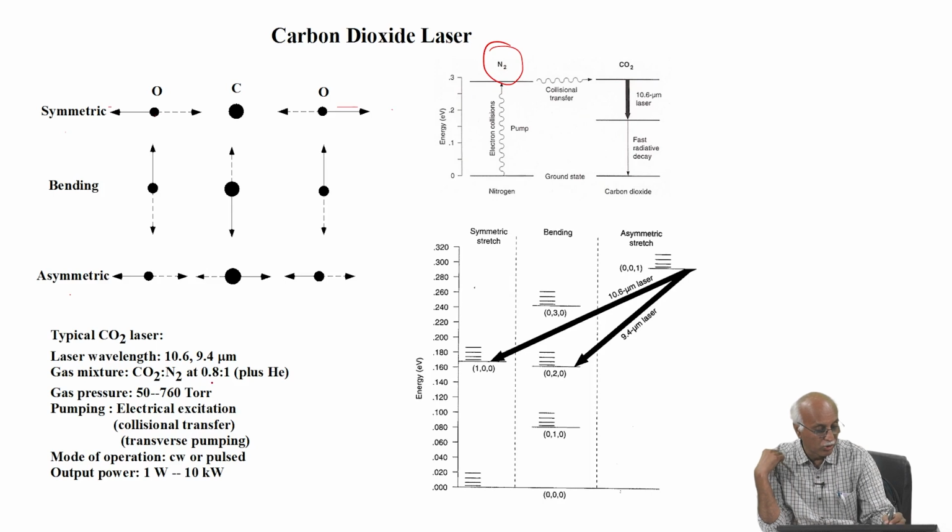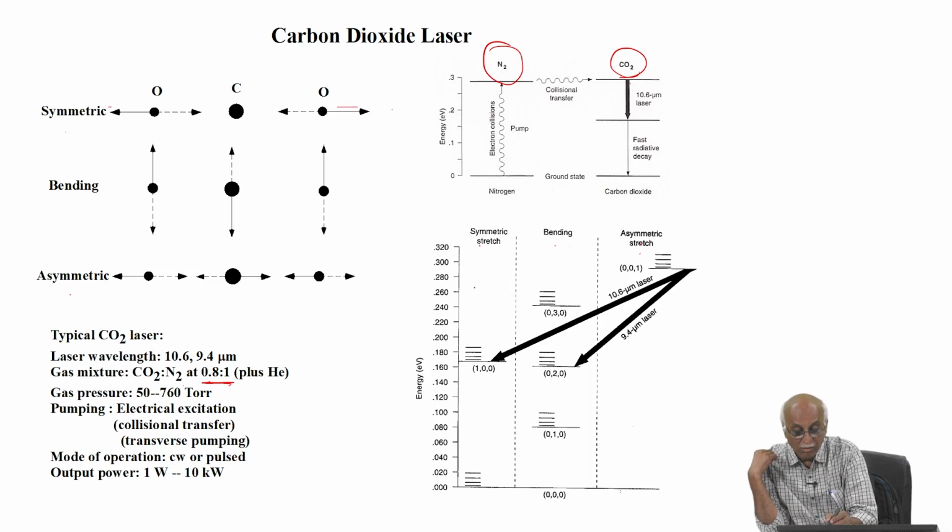The ratio of CO2 to N2 is 0.8 to 1. Now, CO2 gets excited through energy transfer, and then when CO2 gets excited, different modes will come into the picture: symmetric stretching, bending, asymmetric stretching, everything will be coming into the picture.